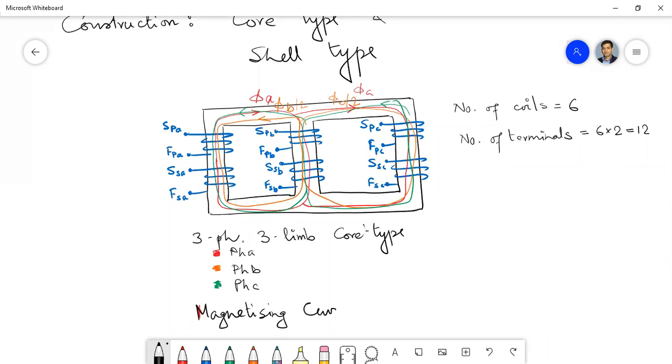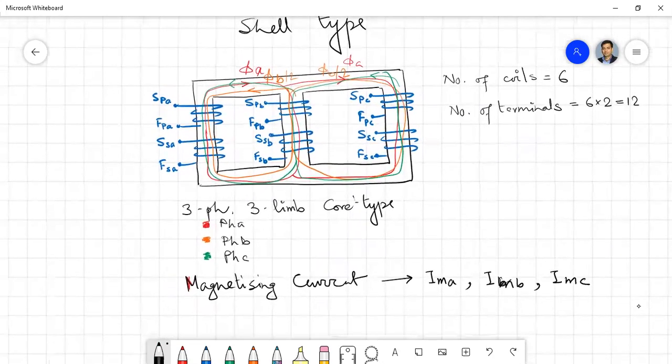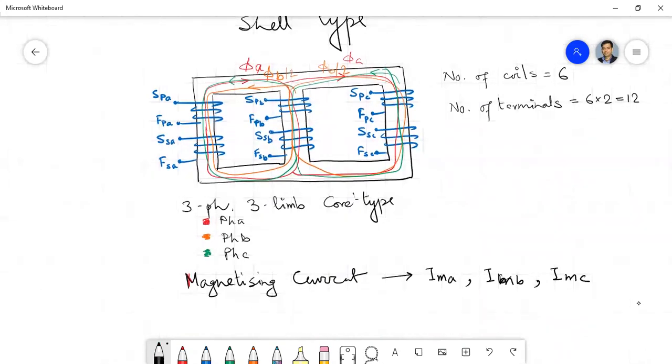Okay. Now for A phase you need some magnetizing current, for B phase also you need some magnetizing current, and for C phase also. So for all these three phases you need magnetizing current to generate the flux.